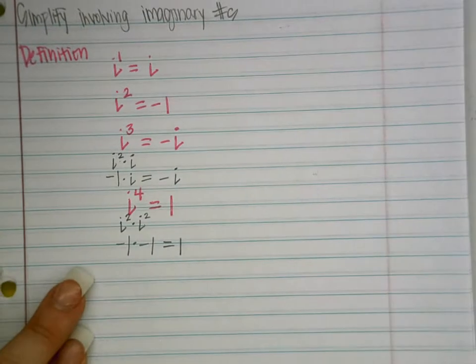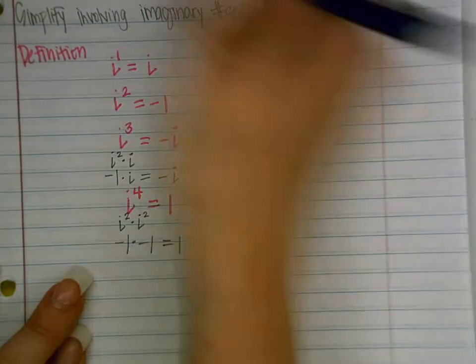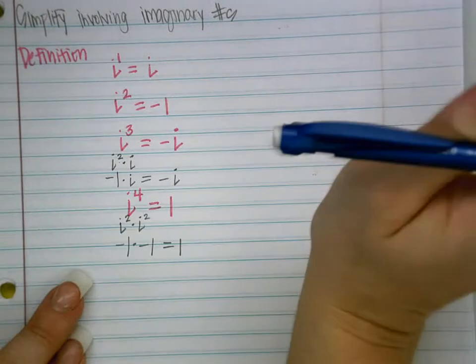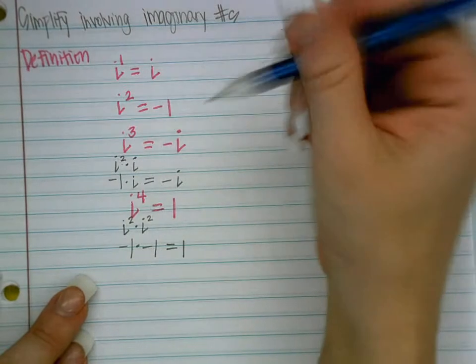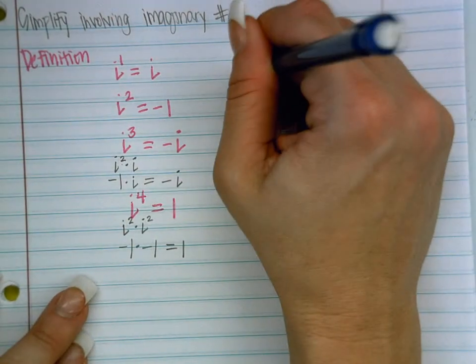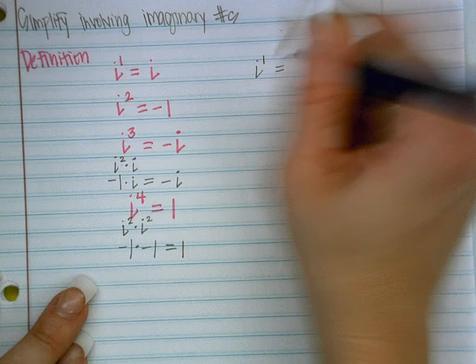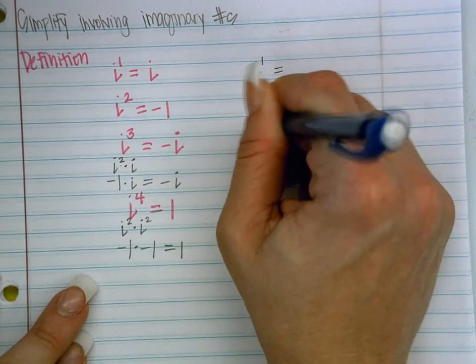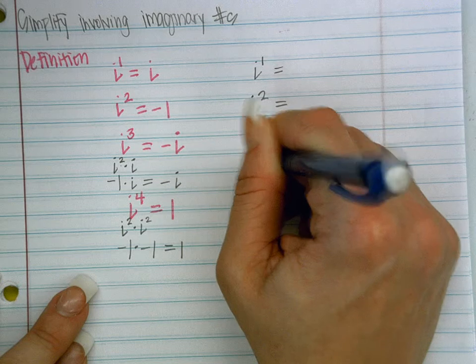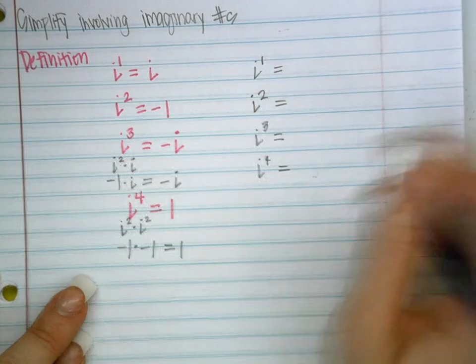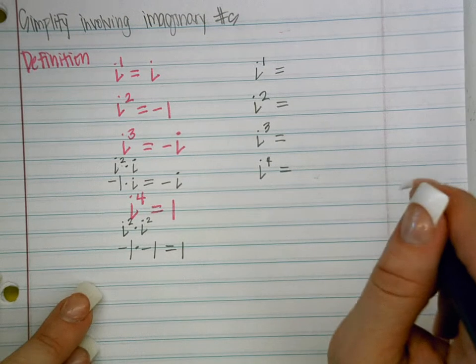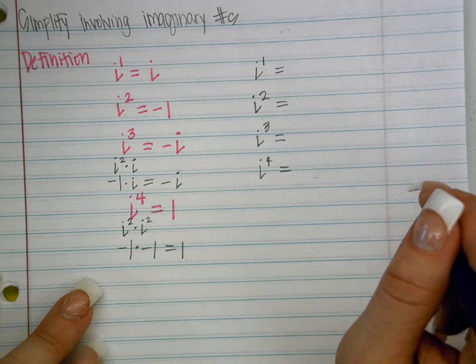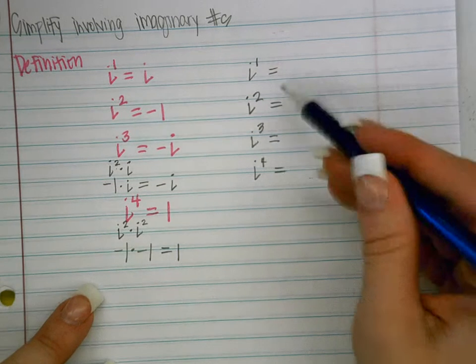And I want you to write this down. So this is the definition, but I'm going to teach you the shortcut way. Okay? So this is why this works. But what I want you to write down is i to the first equals, i squared equals, i to the third equals, and i to the fourth equals. I'm going to teach you a saying that you probably might laugh at, but it will be helpful. Promise. So get these 4 written down, and then we're going to fill it in.